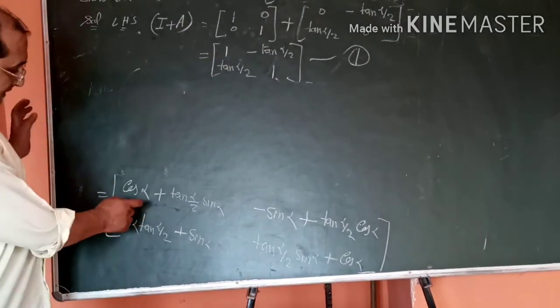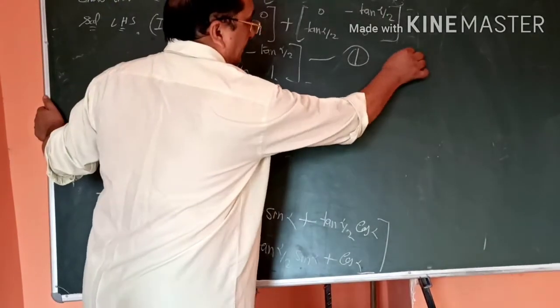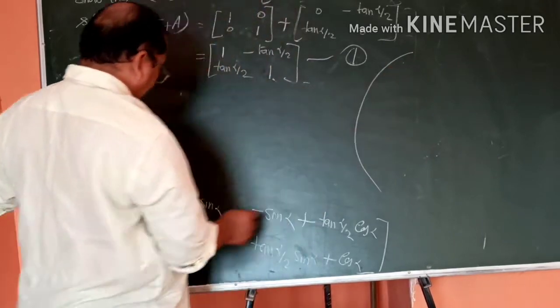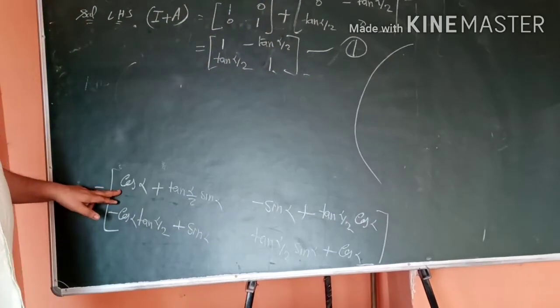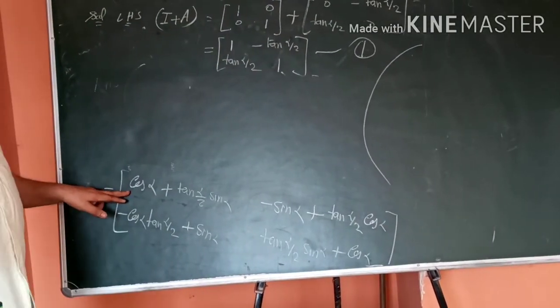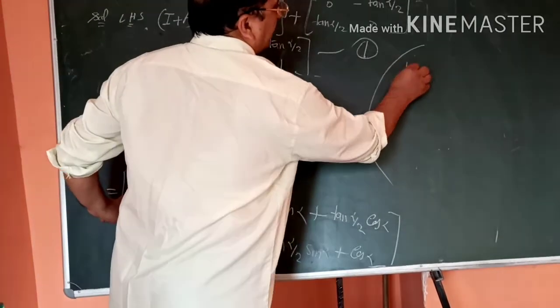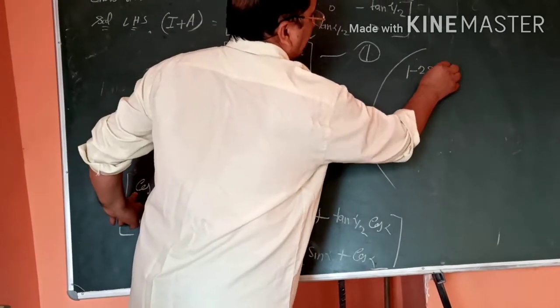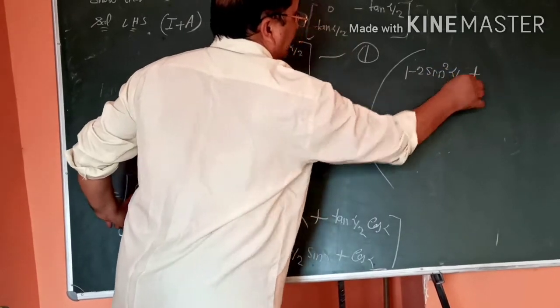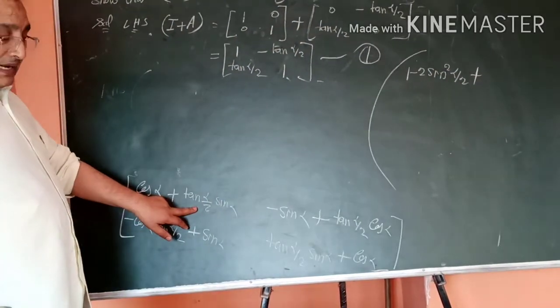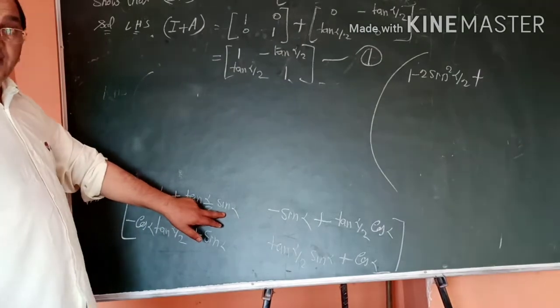Suppose I will solve this one and this will come the same. How to solve these things for making 1? Now see, this is the rough work. Cos alpha equals 1 minus 2 sin square(alpha/2), because you know the half angle formula. Plus tan(alpha/2) times sin alpha.